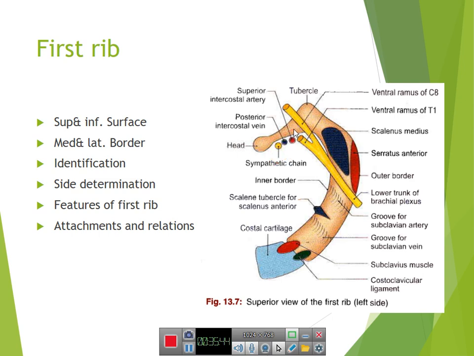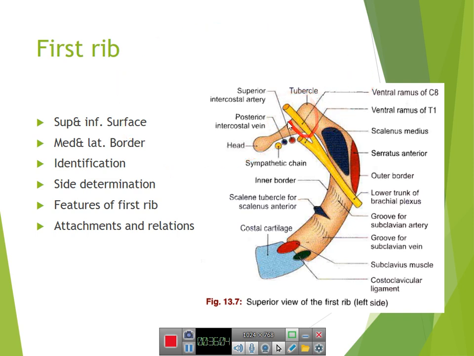Here is the neck. The neck is rounded and directed laterally, upwards and backwards.